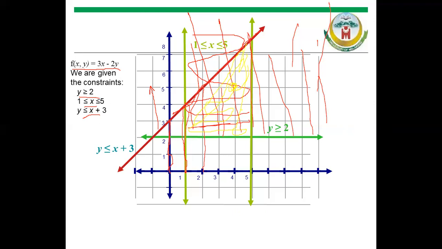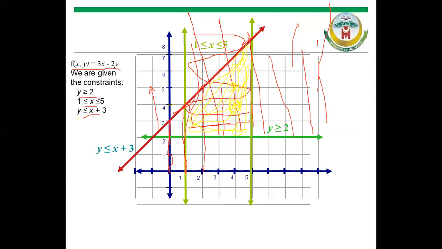Now again, let's take this position and compare the y and x plus 3 value. The y is 4 and x is 4, so x plus 3 is 7. So in this region, whenever we take x plus 3, it should be either greater than y or equal to y.